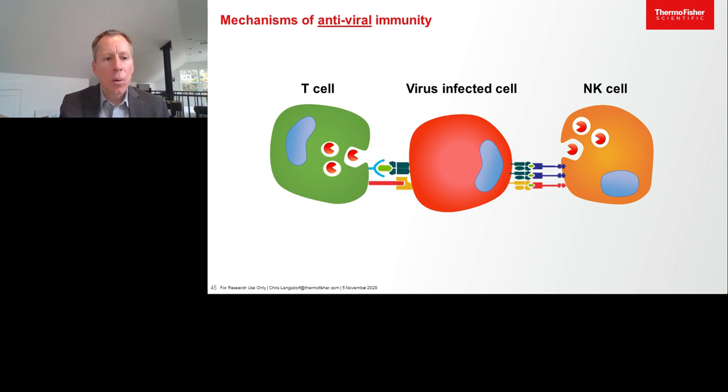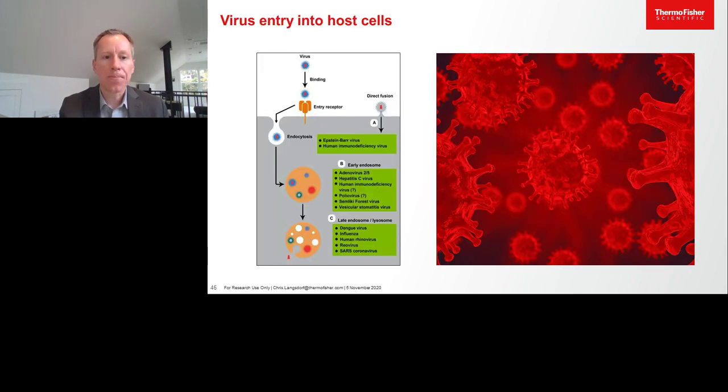And so we'll look briefly at some different methods we can use to study this process of viral infection. First, we can look briefly at how viruses are able to enter cells and begin the replication process. Now, different viruses bind and enter cells through different routes.